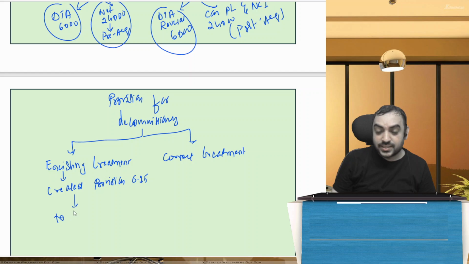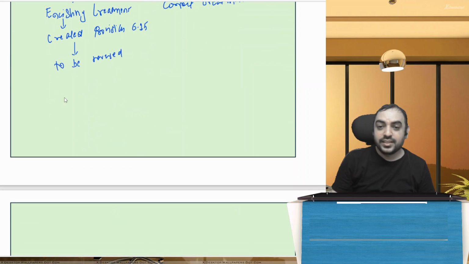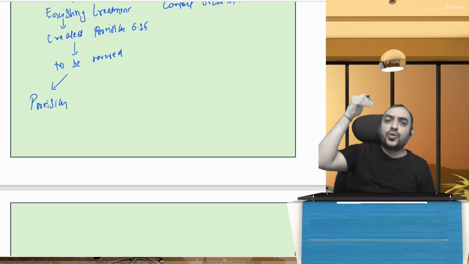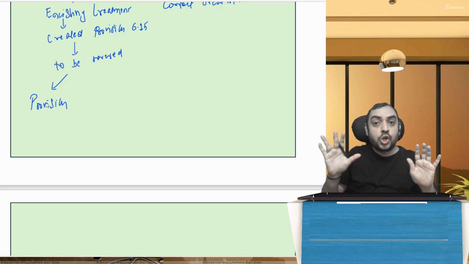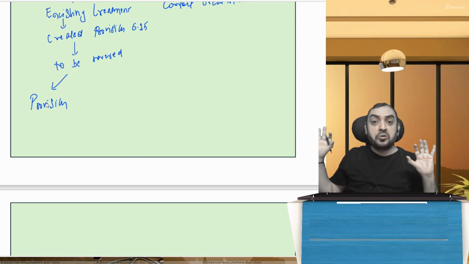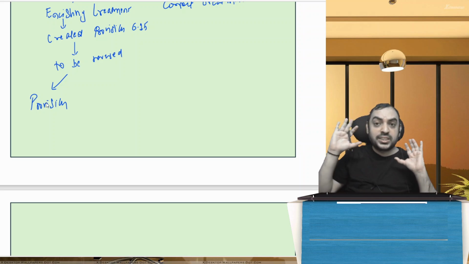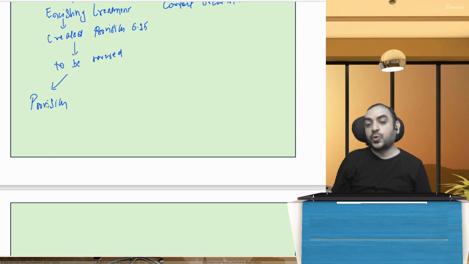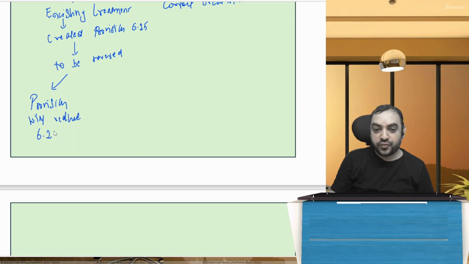This is to be reversed. And what will happen when you reverse it? The provision will reduce. Provision account debit to P&L. Originally when you created it, P&L account debit to provision, it is in the books of the holding company, not in the books of the subsidiary company, so it does not affect our working note format. This is not a subsidiary company transaction, only holding company. So we affect only the holding company books of accounts. So the provision will reduce by 6.25 million.